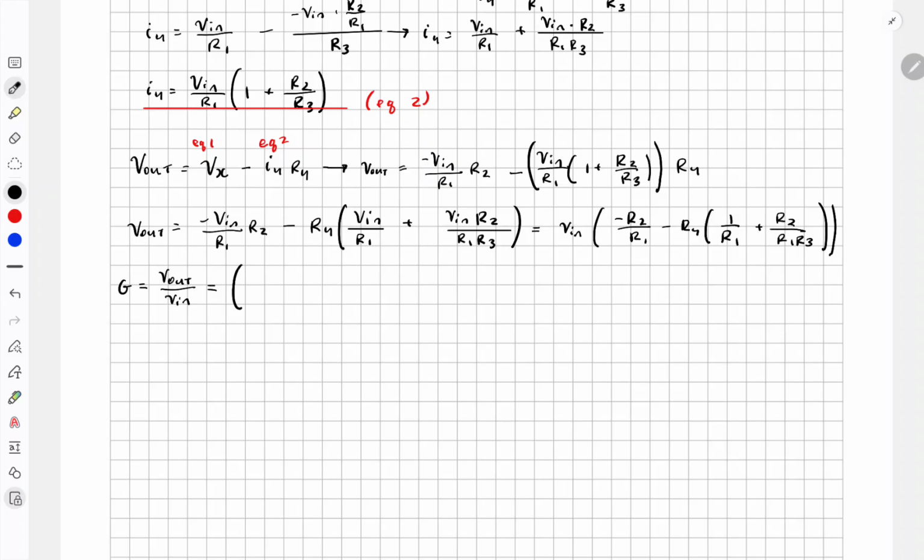Okay, so now we have removed this V in, so let's just copy here so we can get rid of the extra parentheses.